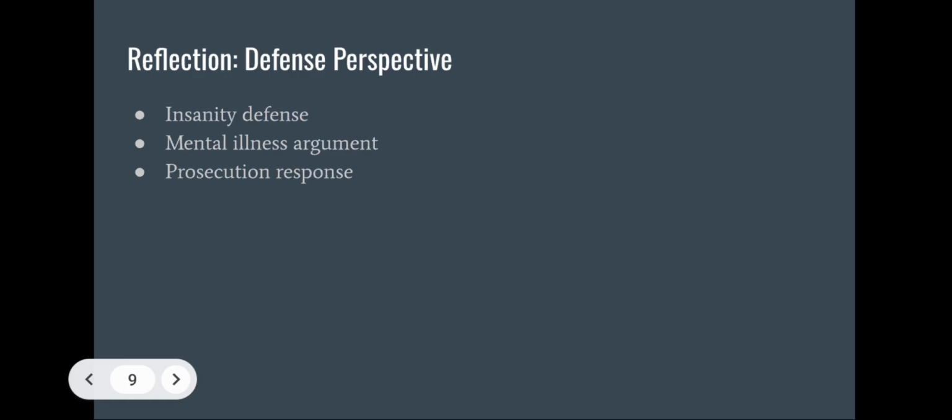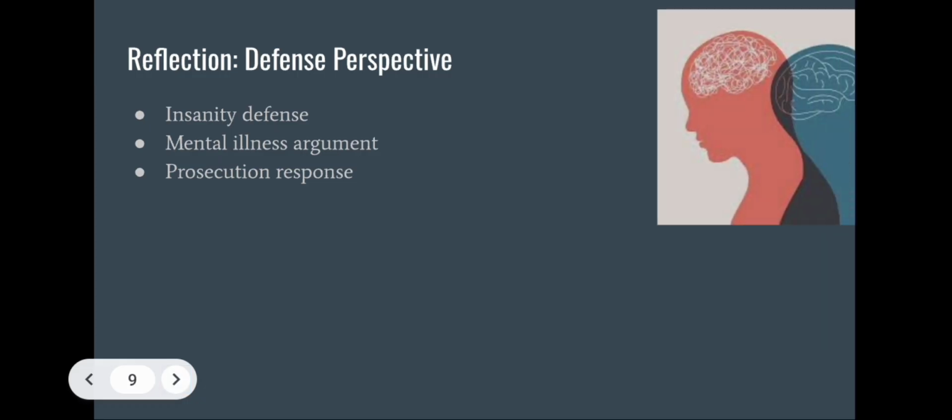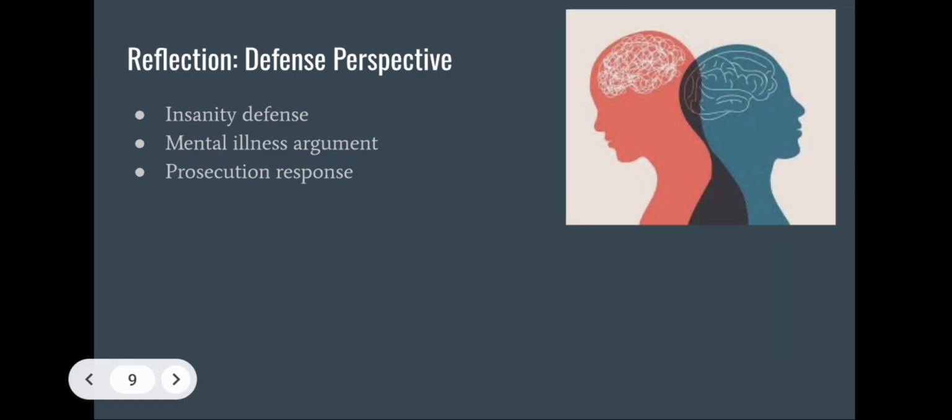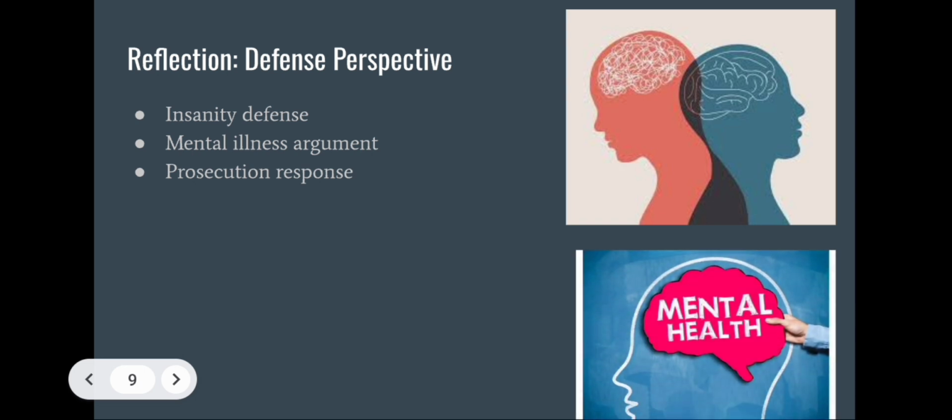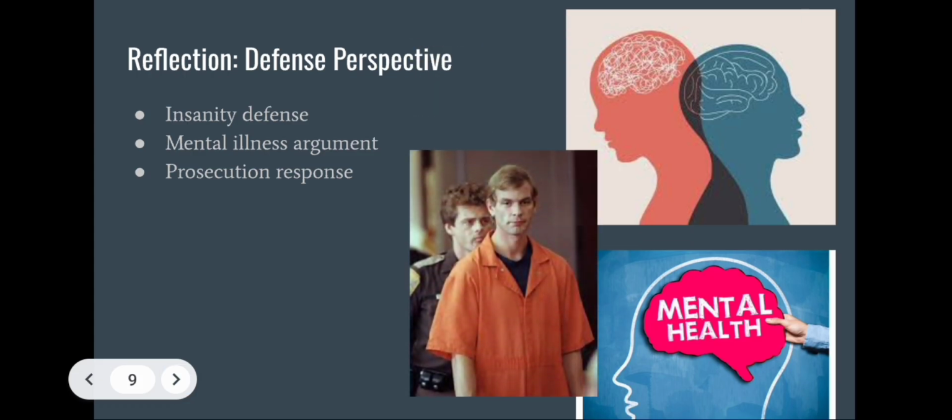If I were presenting the defense side, I would probably follow the same steps that the defense in this case actually tried to follow, which would be that I would argue that Dahmer suffered from severe mental illness and diminished capacity, meaning that an insanity plea would have been made in this case, saying that he was too insane to fully comprehend the crimes that he was committing.